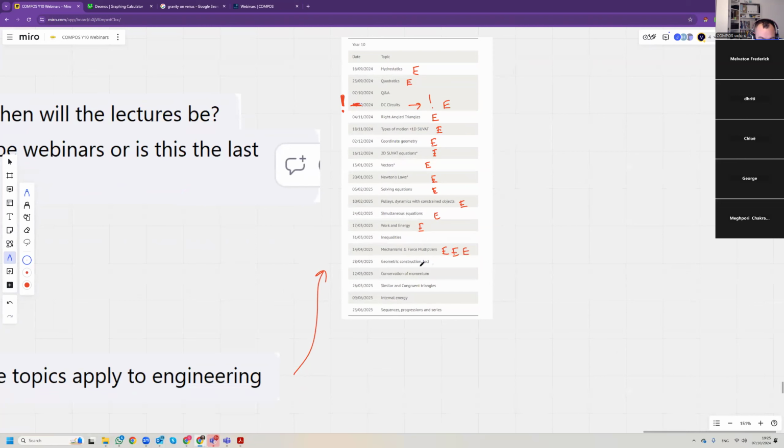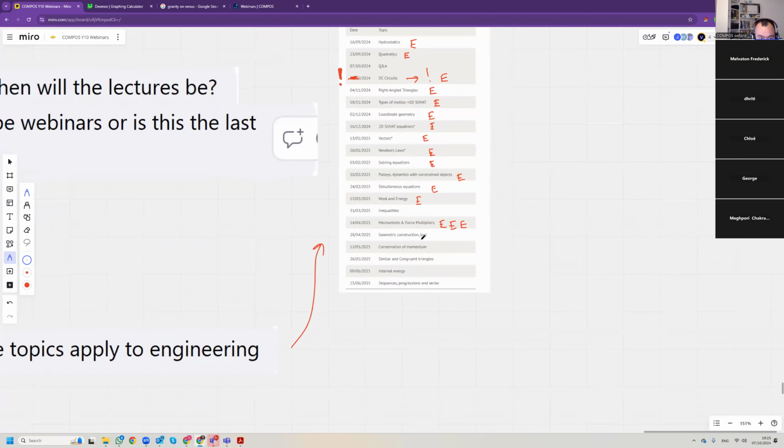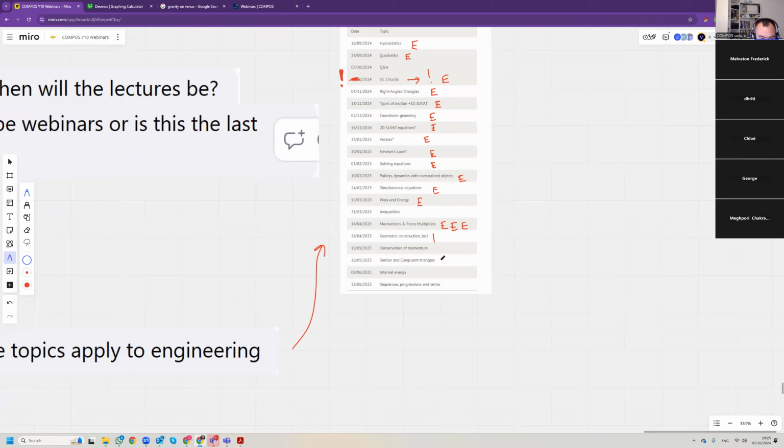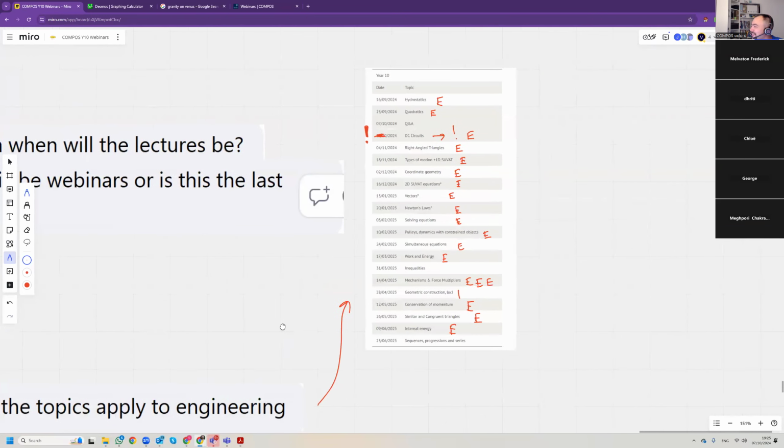Three engineerings for this one. Geometric constructions, maybe half. Conservation of momentum, engineering definitely. My wife is an engineer and she does that in her daily routine. Internal energy is definitely an engineering topic. Sequence progressions in series, okay, maybe not this one. So yes, a lot of the topics are related to engineering.